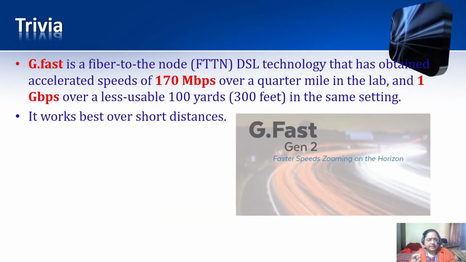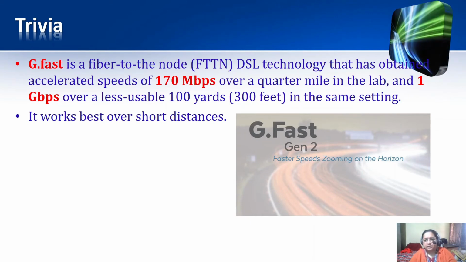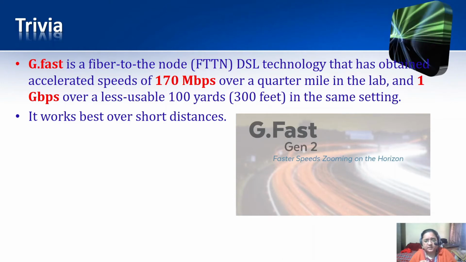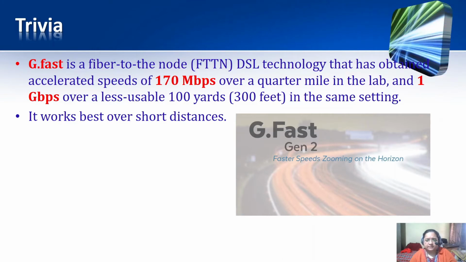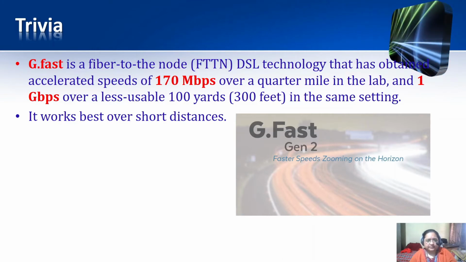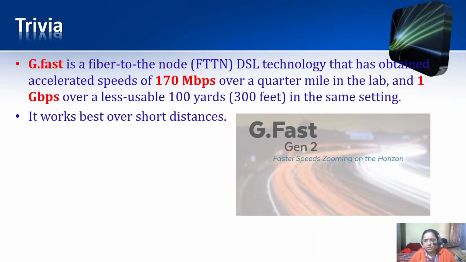So let's see a trivia. G.fast is a fiber to the node DSL technology that has obtained accelerated speeds of 170 Mbps over a quarter mile in the lab and 1 Gbps over a less usable 100 yards, that is 300 feet, in the same setting. So it works best over short distances.